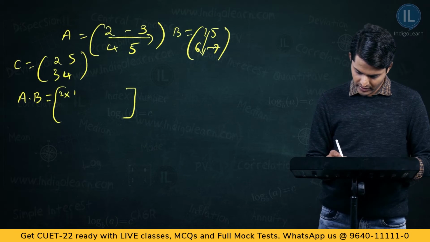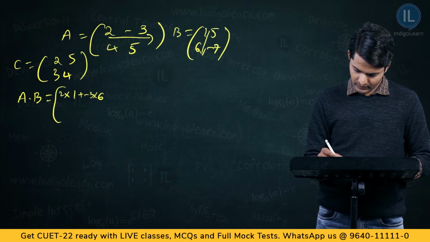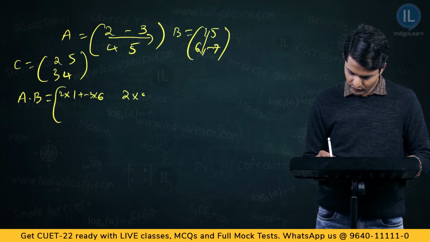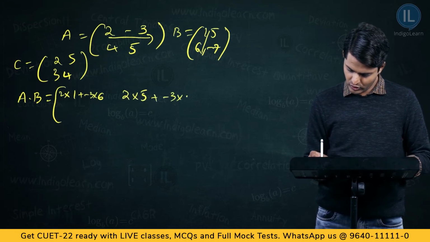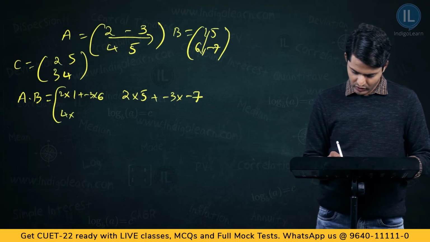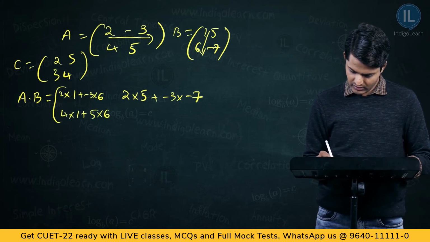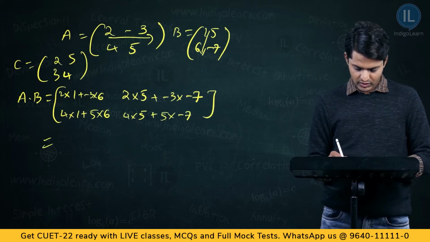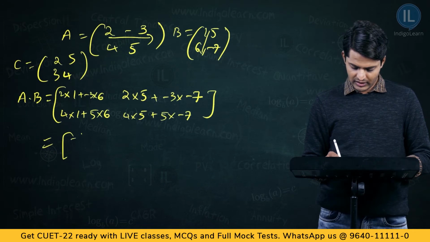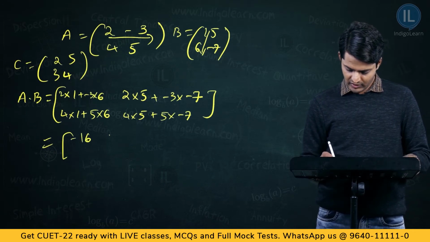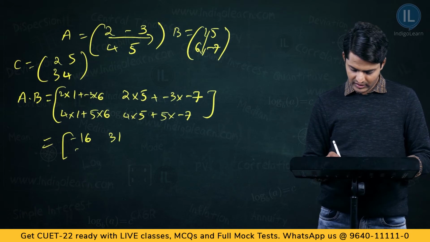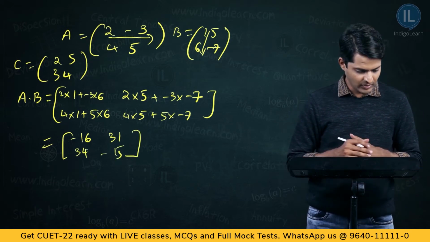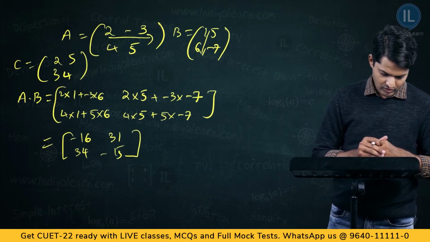So, 2 into 1 plus minus 3 into 6, next 2 into 5 plus minus 3 into minus 7, 4 into 1 plus 5 into 6, 4 into 5 plus 5 into minus 7, correct. So, 2 minus 18, minus 16, 10 plus 21, 31, 4 plus 30, 34, 20 minus 35, minus 15. So, minus 16, 31, 34, minus 15, option A.